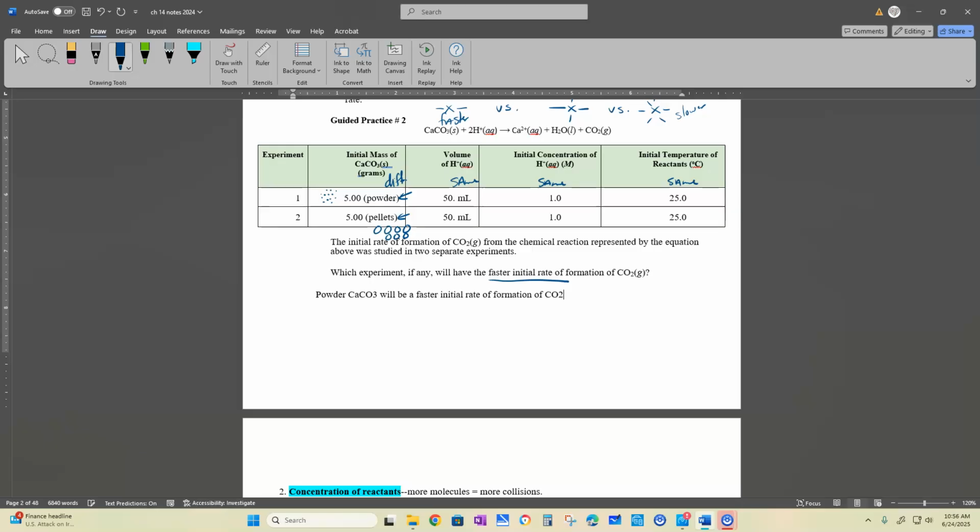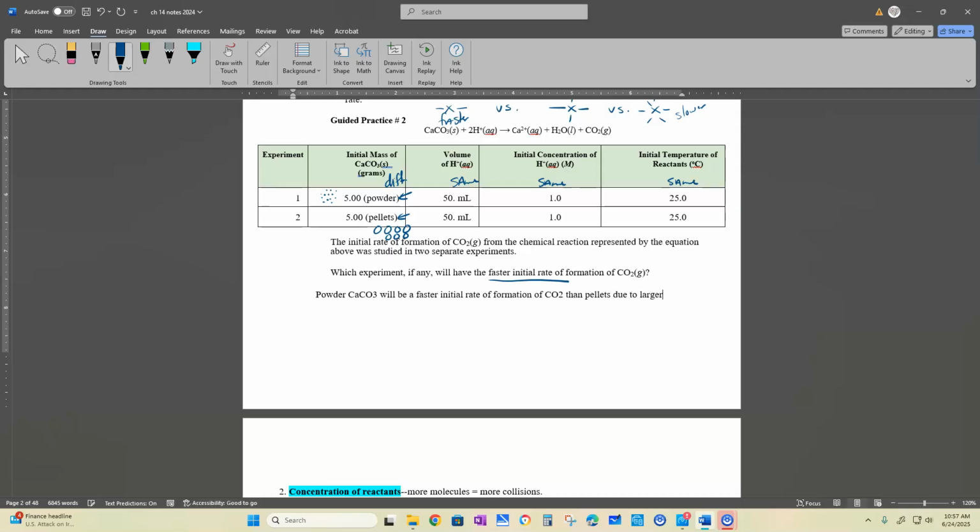You always want to throw the question back at them. Then pellets, okay, that is a criteria. You have to tell them which one you're picking versus comparing it to the other one. You always have to mention the other one, even if it's not the winner, okay? Due to, now what's the criteria? It's the surface area.